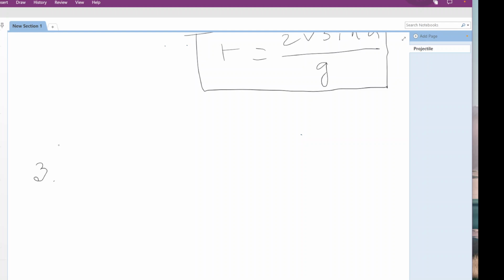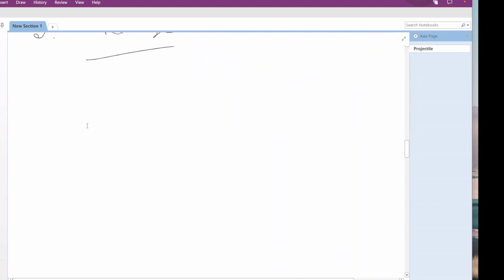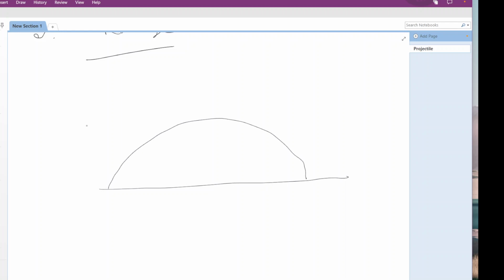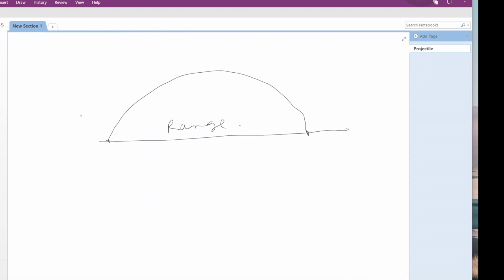Question 3, the range. Range is the maximum horizontal displacement. This is the range. We use a simple equation of motion: s equals vt, where v is constant uniform velocity and t is time.